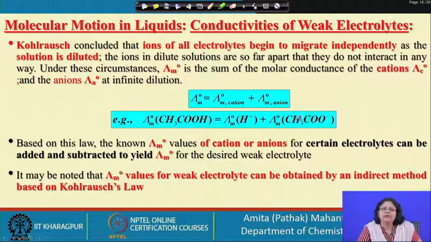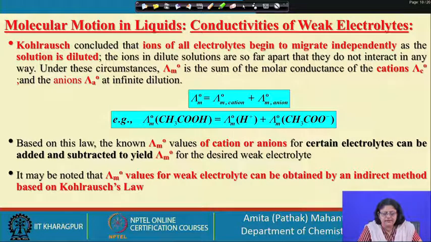So, the acetate ion will have a lambda naught value, H plus will have a lambda naught value, but we cannot extrapolate to get the values. According to Kohlrausch's law we can divide them into two and find out the value independently, not from the graph of lambda versus under root of concentration for a weak electrolyte.